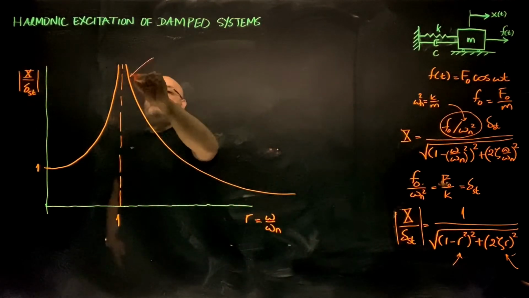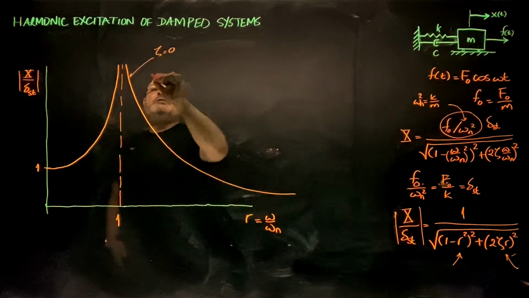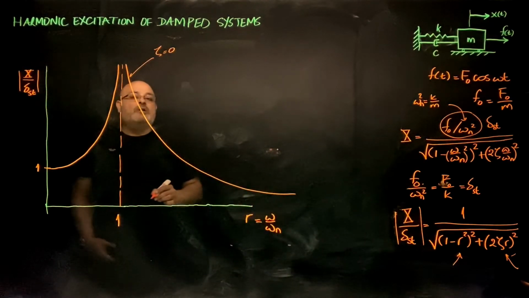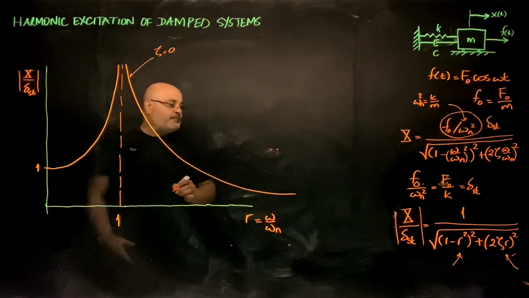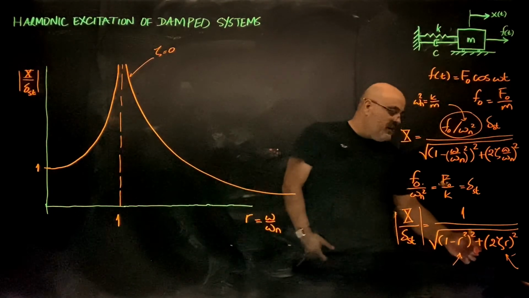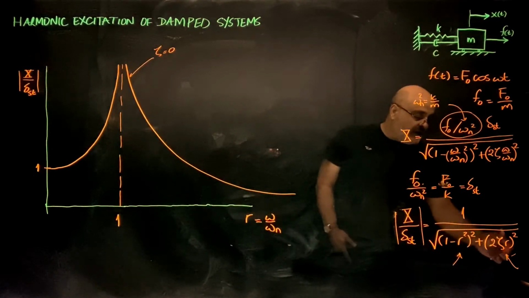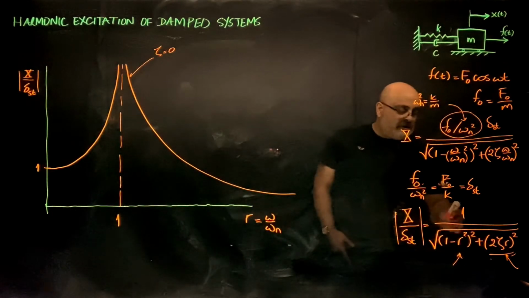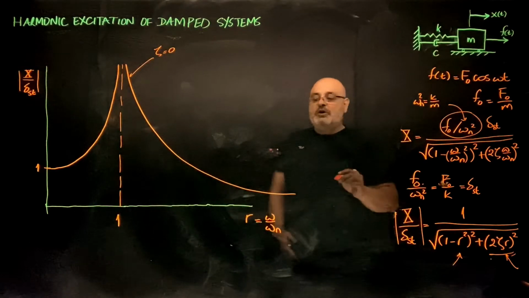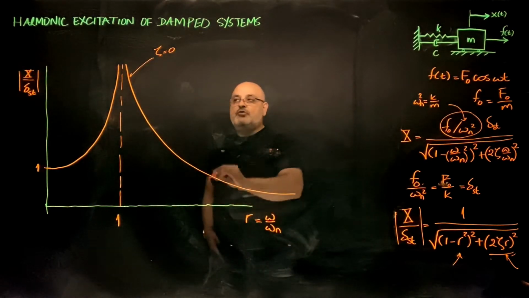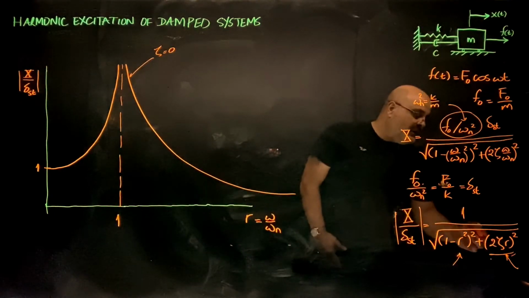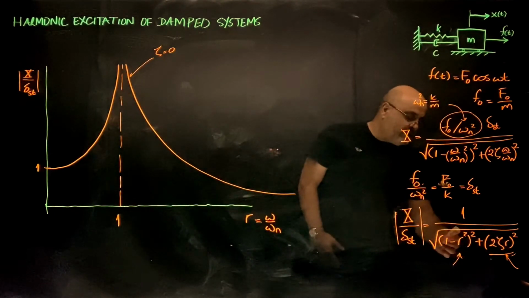Now, this is zeta equals 0. Let's use zeta equals 0.1, for example. For zeta equals 0.1, this term will never go to 0, so I will never have 1 divided by 0. That means my response will never go to infinity, but for small zeta, it will be 1 divided by a small number when r is 1.